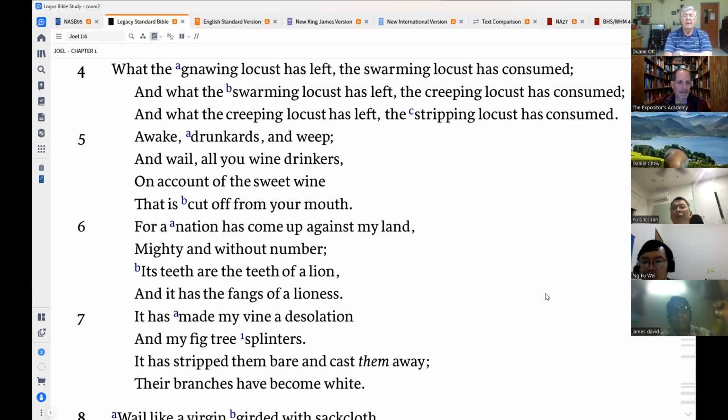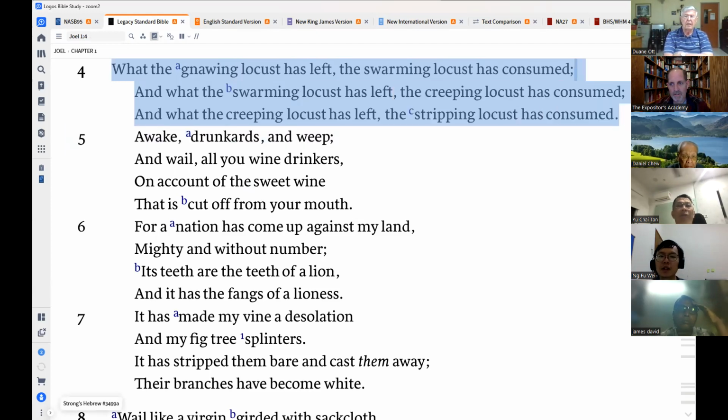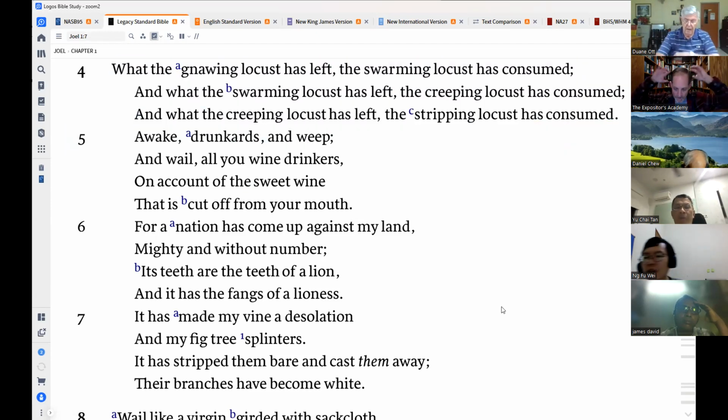Yeah, definitely. I think there are really four images in these verses that we read. The first image is just of the devastation of the locusts. So you can kind of picture these waves of locusts just coming through.